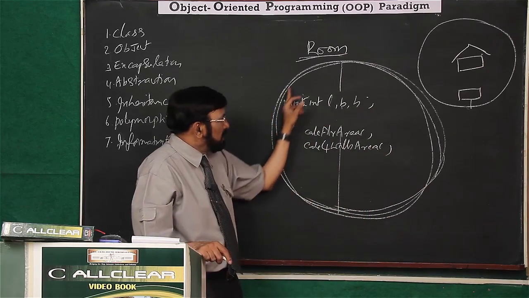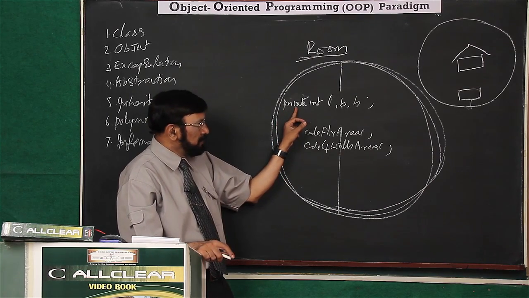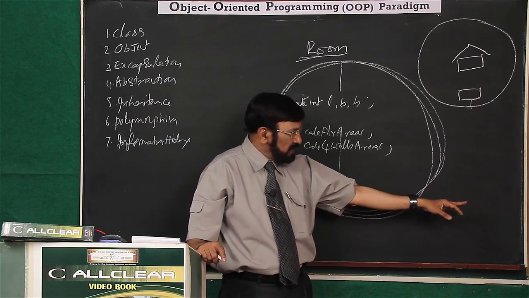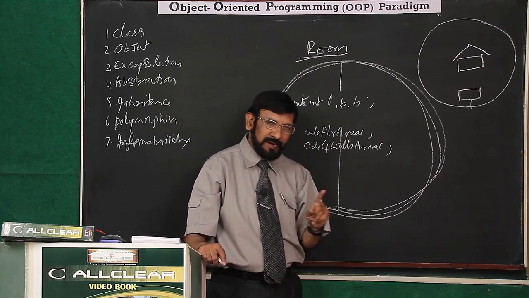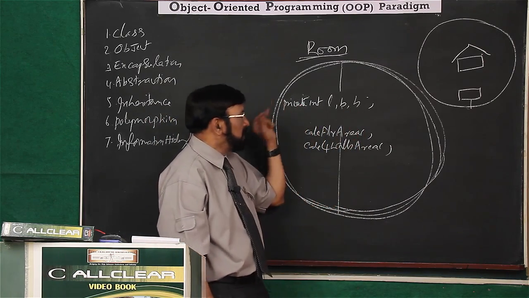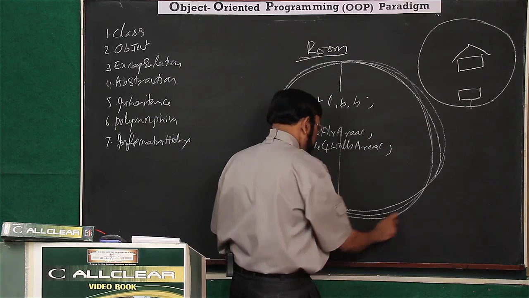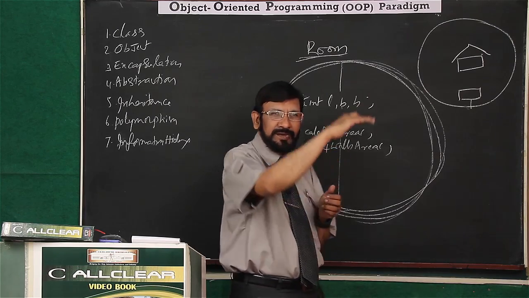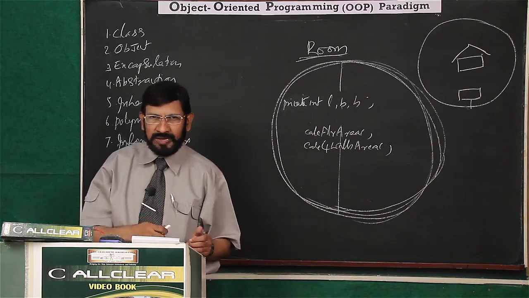Here, an invisible compound wall is there. That's why if you make it private, outside elements are not in a position to access it. Outside elements are not allowed to access this once you made them private. Because of these two proofs, you must believe it is encapsulated, it is wrapped, it is packaged with a layer, with an individual layer.